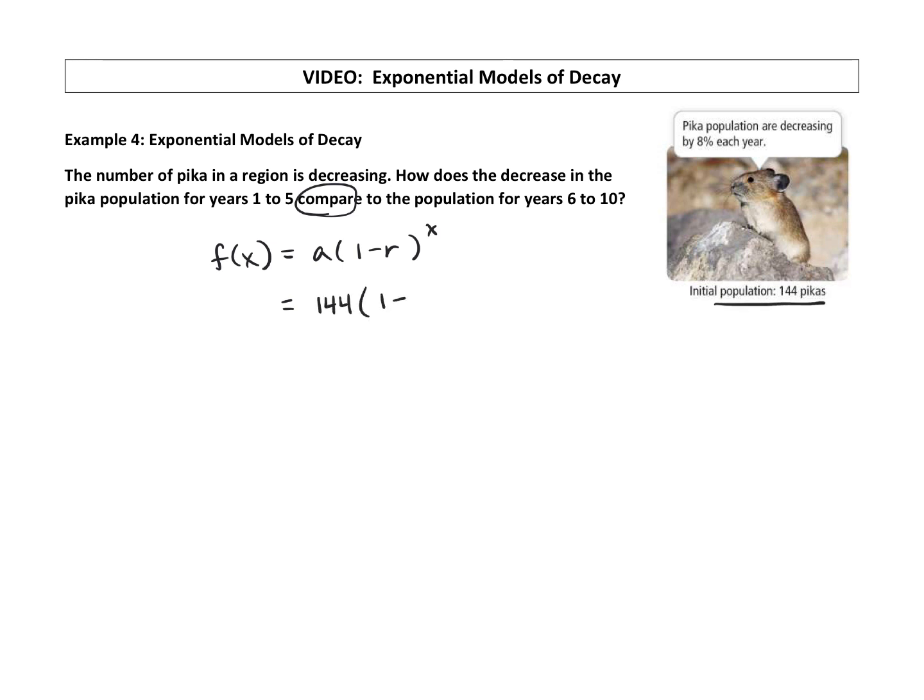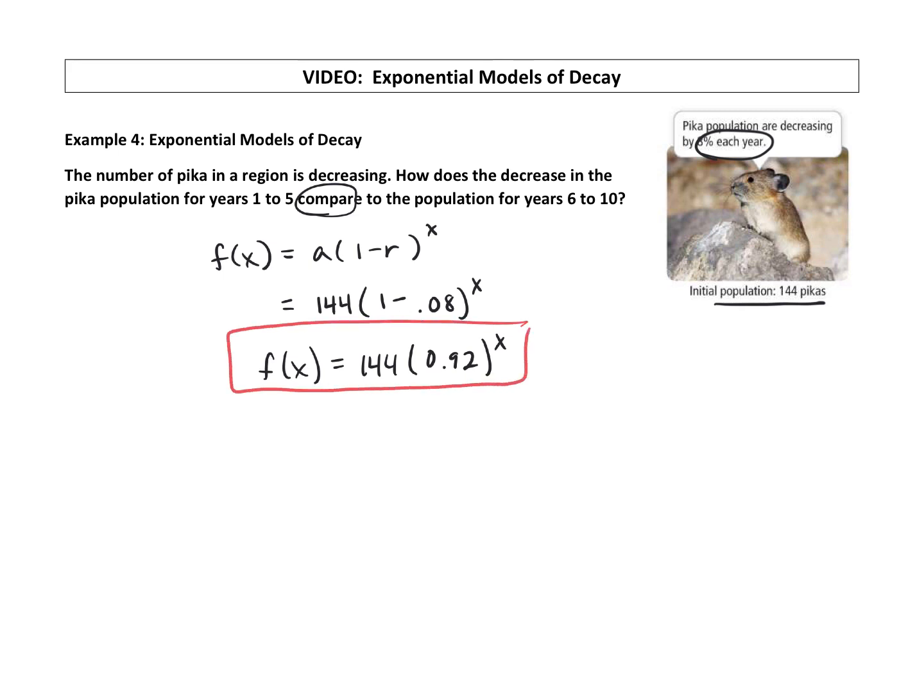And they are decaying at a rate of 8% every year, so that's 0.08. All right, so f of x equals 144 times 1 minus 0.08, which is 0.92, raised to the x power.